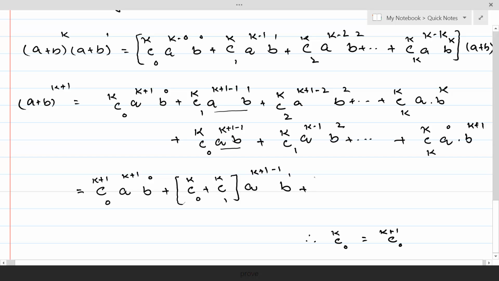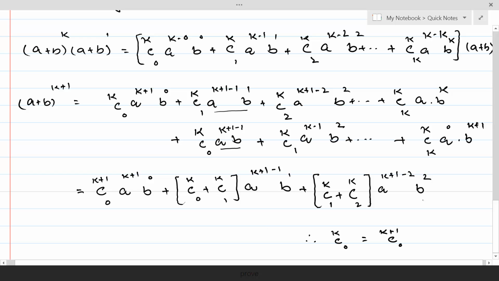Plus, again the same thing, if we take a look at this one, this can be written as kC1 plus kC2, and what we have taken common from both is a^(k plus 1 minus 2) b squared. You can see that a^(k minus 1) could also be written as a^(k plus 1 minus 2).